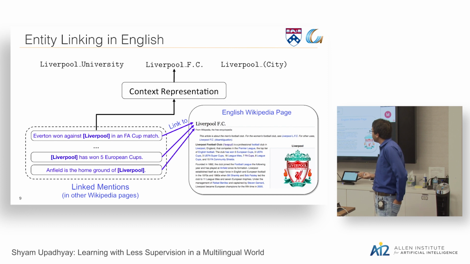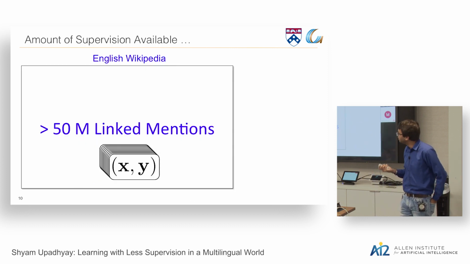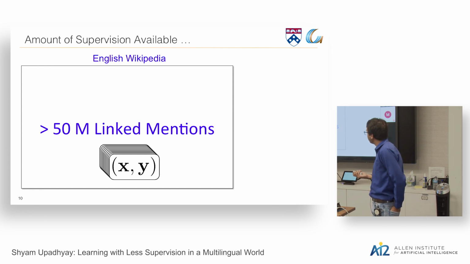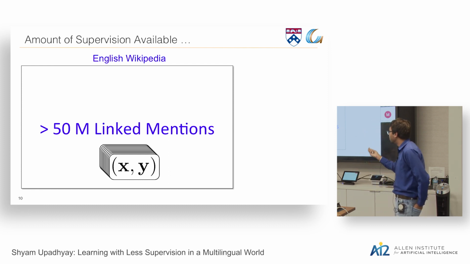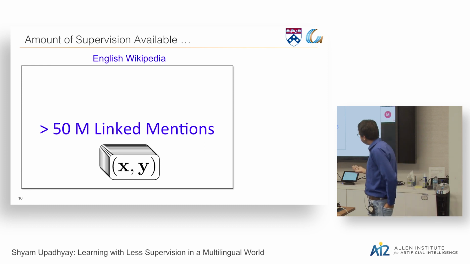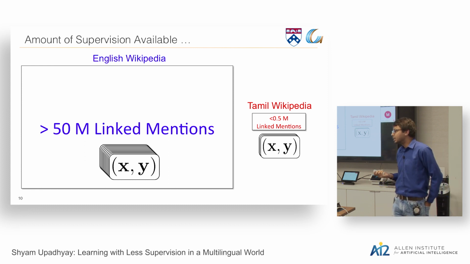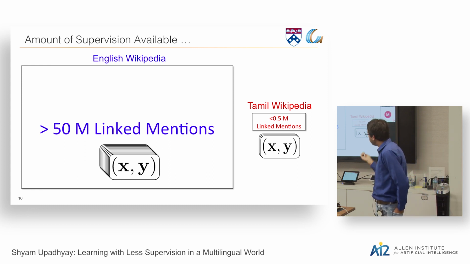And this is possible in English because English has lots and lots of linked mentions available as supervision. So if you look at the English Wikipedia, you'll have more than 50 million linked mentions. However, if you go to the Wikipedia for a language like Tamil, you'll have orders of magnitude less supervision. And this was the problem of working with less supervision that I was alluding to earlier.